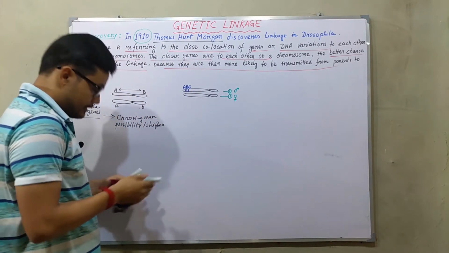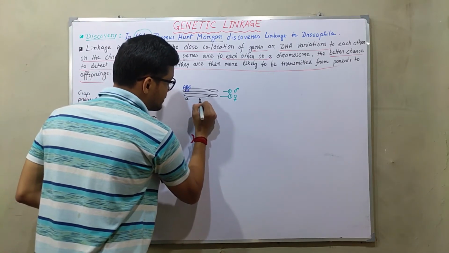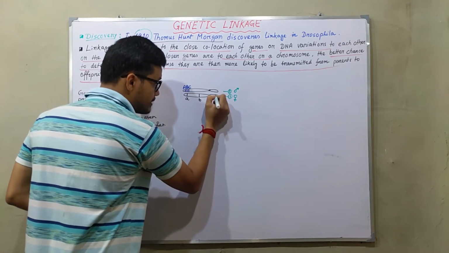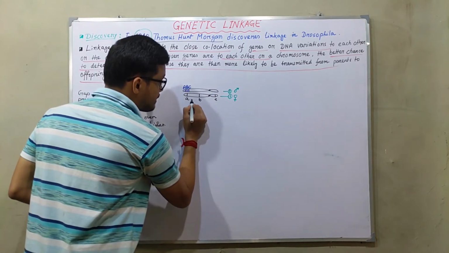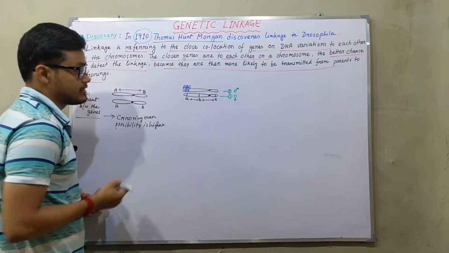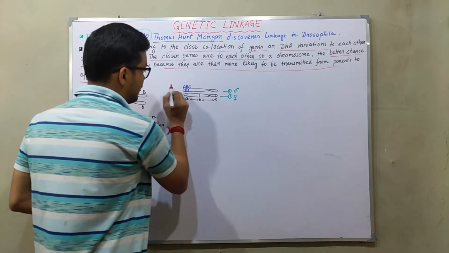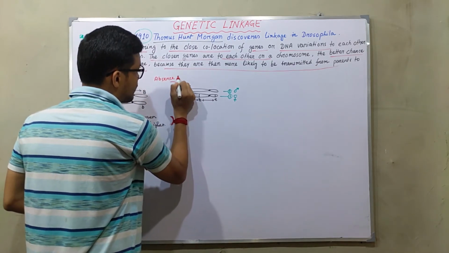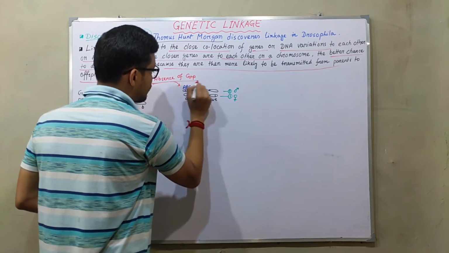In the mother's chromosome, small a, small b and small c are present, and there is a distinct gap between the genes. But in the case of the father there is an absence of gap.